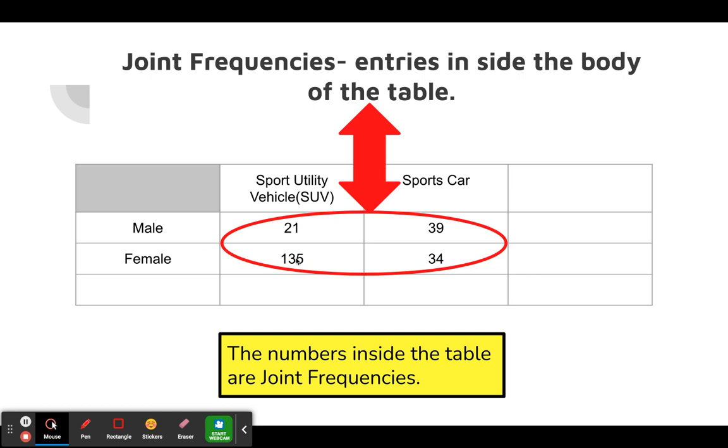Females, there are 135 who like SUVs and 34 who like sports cars. So the numbers inside the table are joint frequencies. Just like a joint on a desk, or a joint where you combine two things together, it's the answers for the two things put together, where they join together. So where males join with SUVs and males join with sports cars.